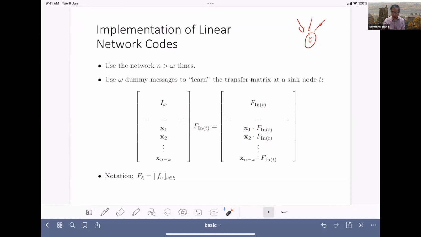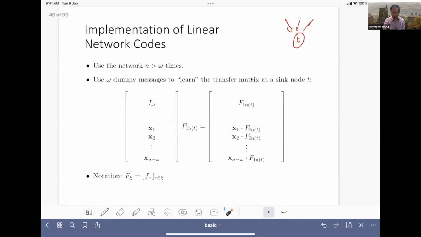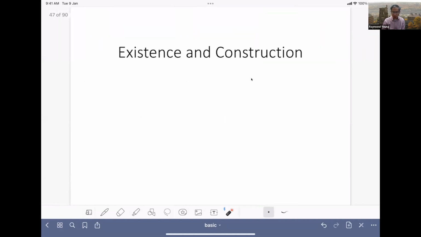It's just like a pilot. Once you have learned F_in(t), and as long as F_in(t) is invertible, then by receiving x1 times F_in(t), you would be able to recover x1, and so on. So this is the main idea of how you can deliver the global encoding vectors on the fly by paying a premium.